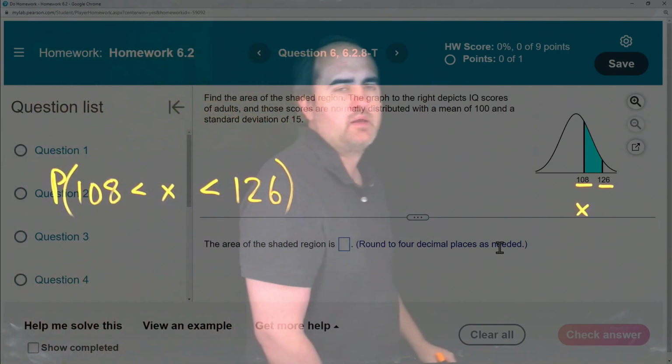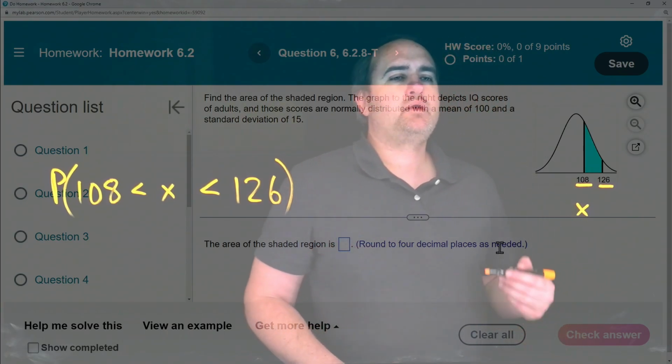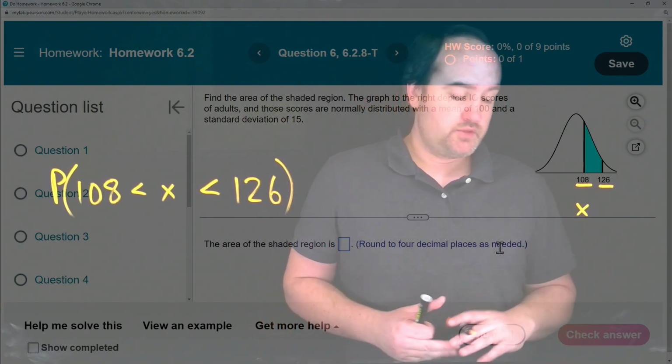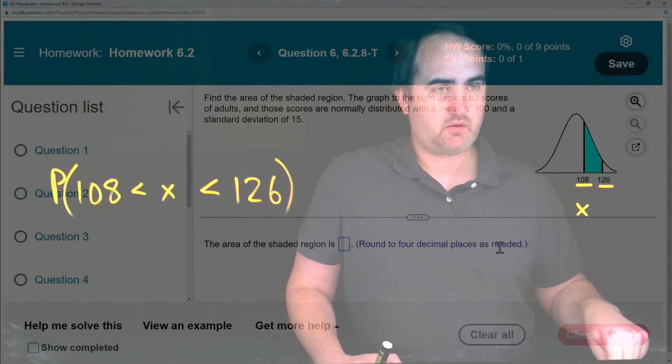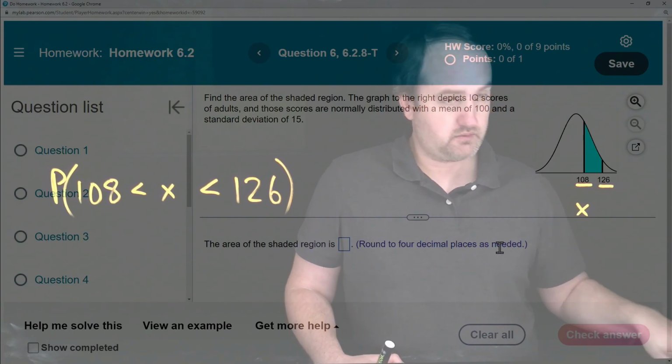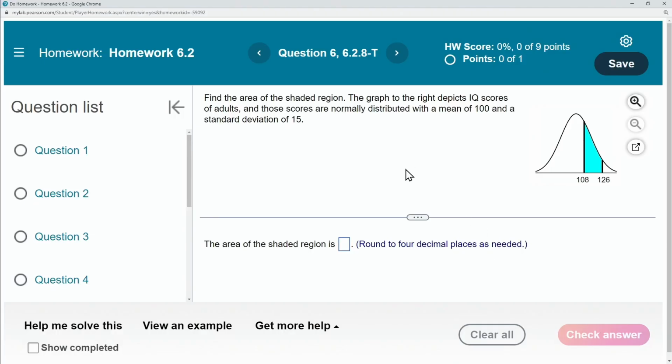And then, of course, we also need to identify mu and sigma. So let me switch to a view so we can actually read this. Here we can see that they say the mean is 100, so that means mu is 100. And then the standard deviation is 15. Remember that the standard deviation is the same as sigma.